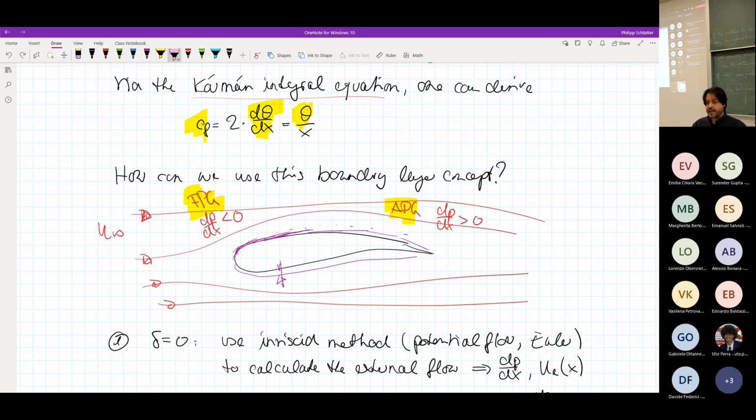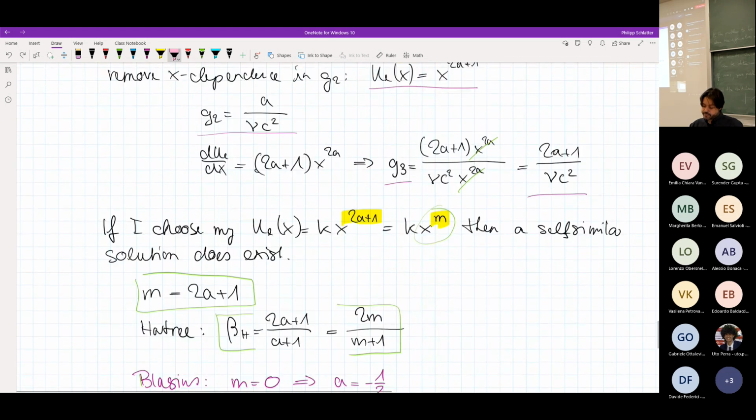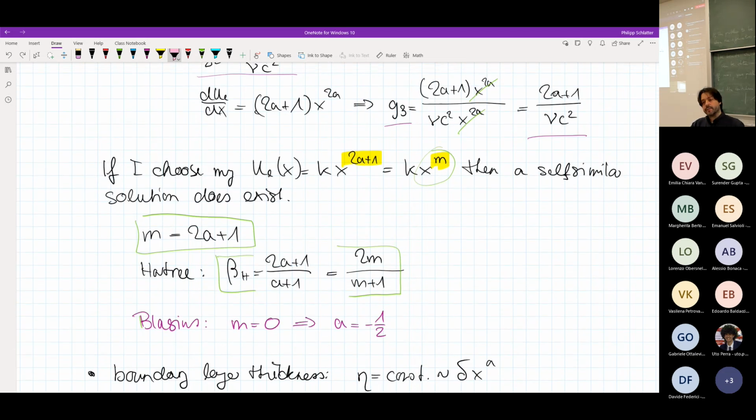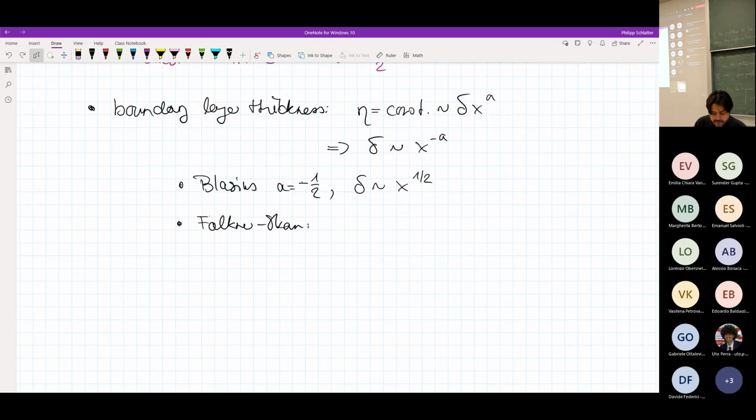Now, of course, the idea is, can we see that with our derivation? Because it would mean that for a specific m, if I have this m exponent here, I would need to see that it would grow or decay in the proper way. Let's check this. So in Falkner-Skan, a would be (m minus 1) divided by 2.